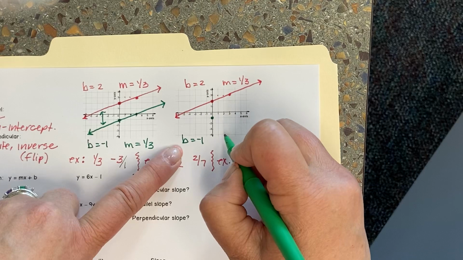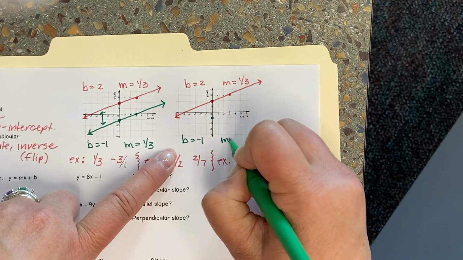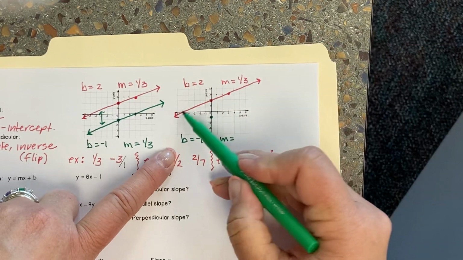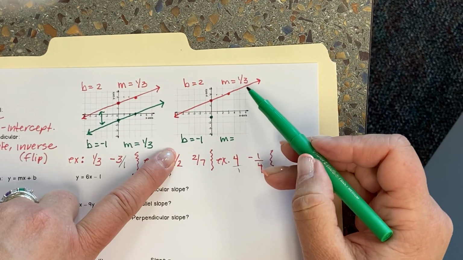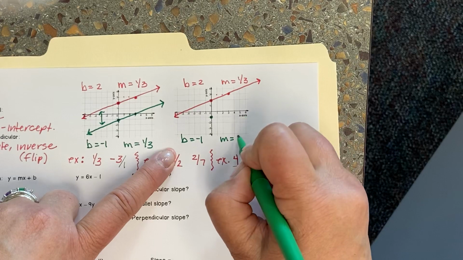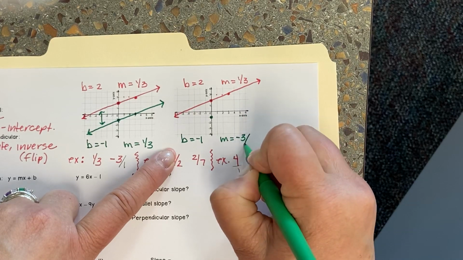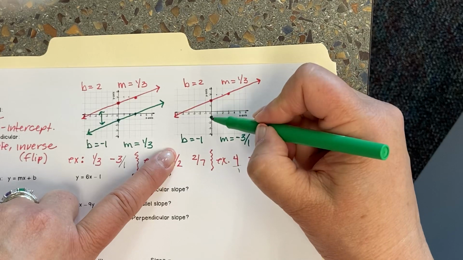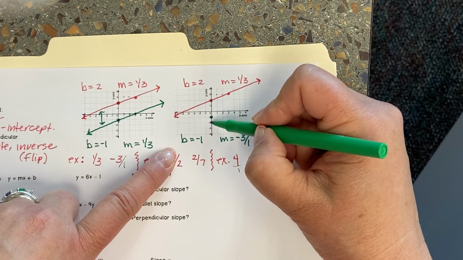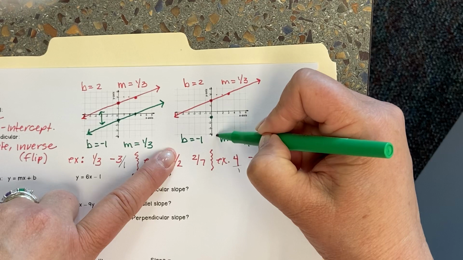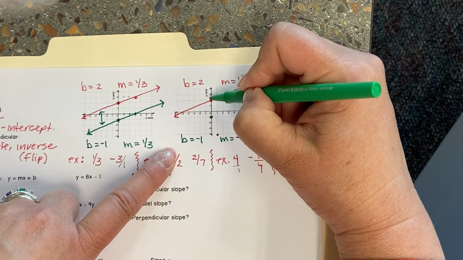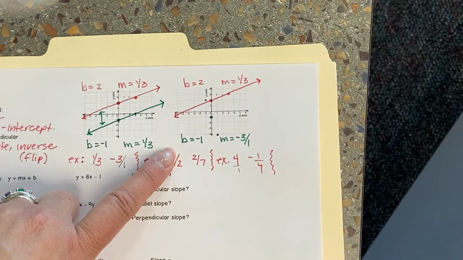But the slope has to be an opposite inverse. So this one was positive. It's a positive slope. Now we have to do a negative slope, and we have to flip it. So -3 over 1. So start from your intercept, go down 3 over 1. You can also do it the opposite direction. Up 3, backwards 1.